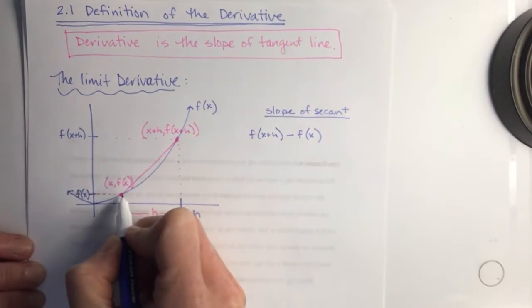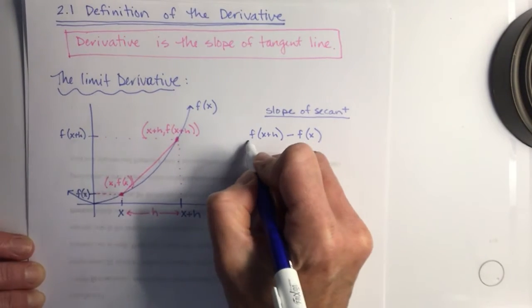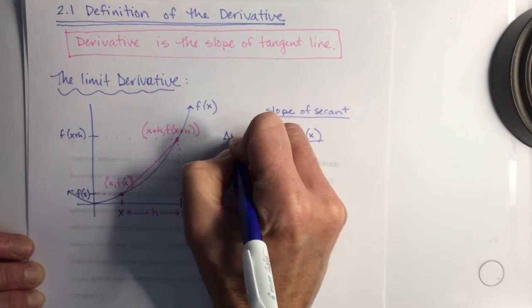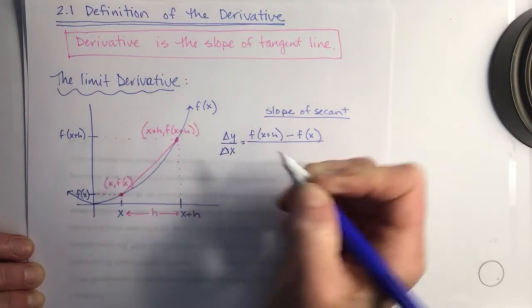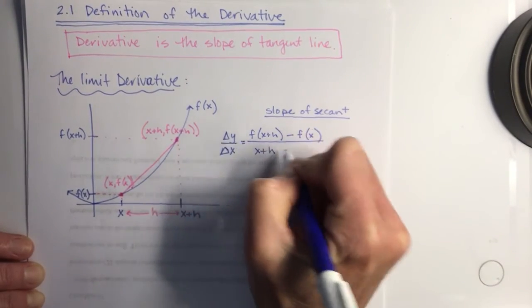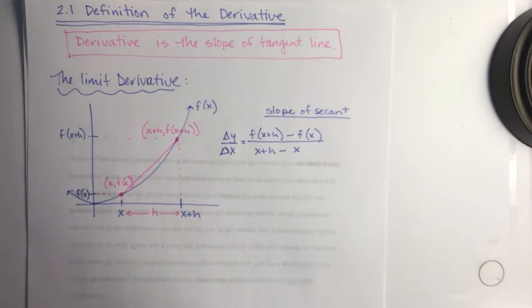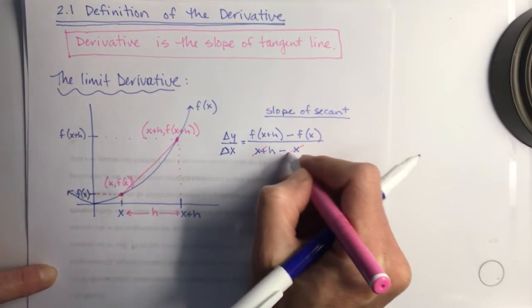So I just did this y value minus this y value, the difference in the y values, our slope triangle. And then we do the same thing over the x values. It's delta y over delta x: x plus h minus x. And you can see something happens here. The x minus x on the bottom goes away.